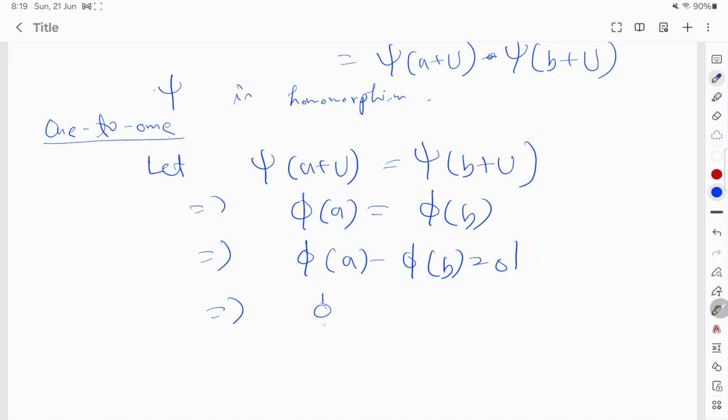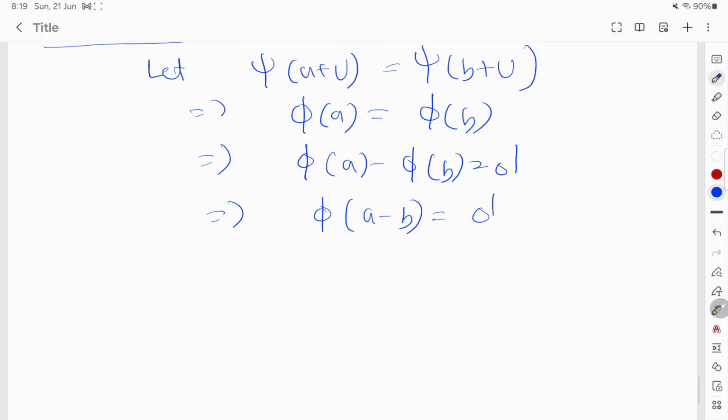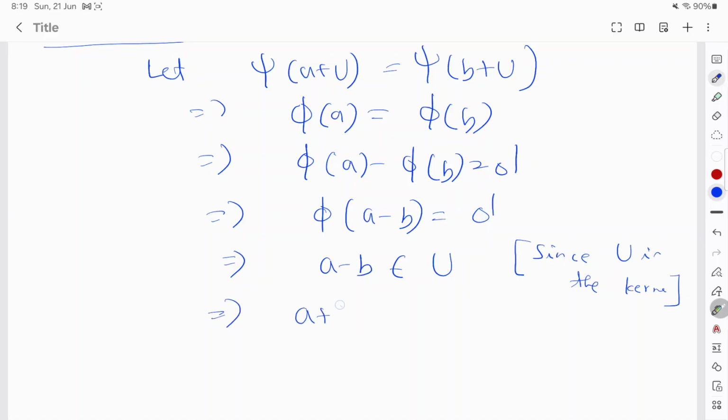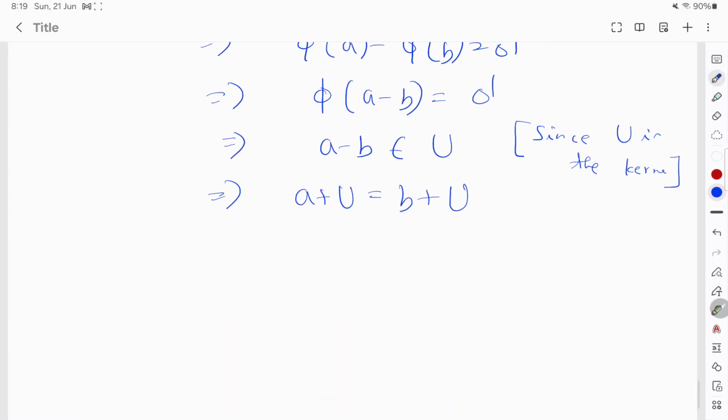So phi of a minus b equals 0 dash, and from there a minus b belongs to u, since u is the kernel. Whenever a minus b belongs to u, you can write a plus u equal to b plus u. So psi is one to one.